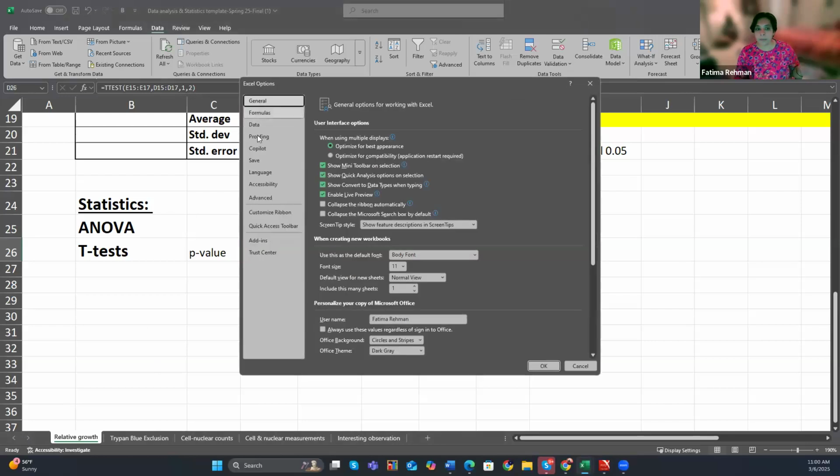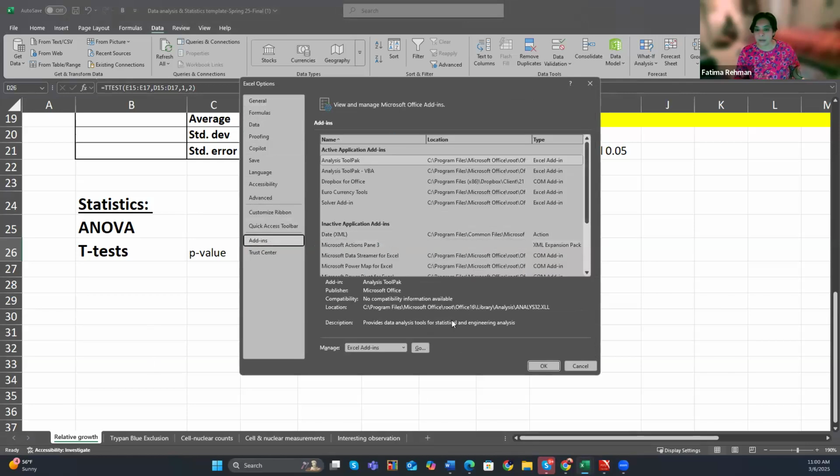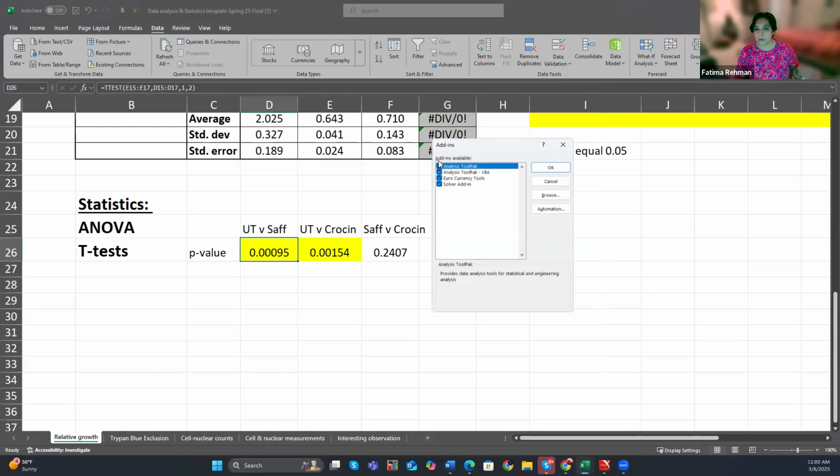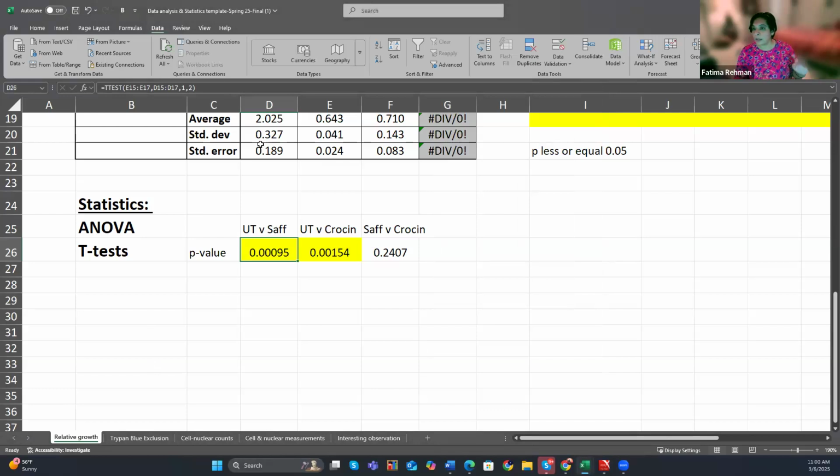You open that up, and in here, you're going to see Add-ins. You click on Add-ins, and down here, it will say Manage Excel Add-ins. You click Go, and you make sure that you have the Analysis ToolPak, and click OK. If you have an Apple computer, I think you go from the Tools on the top toolbar, and then you get to Options and do the rest of it the same way.